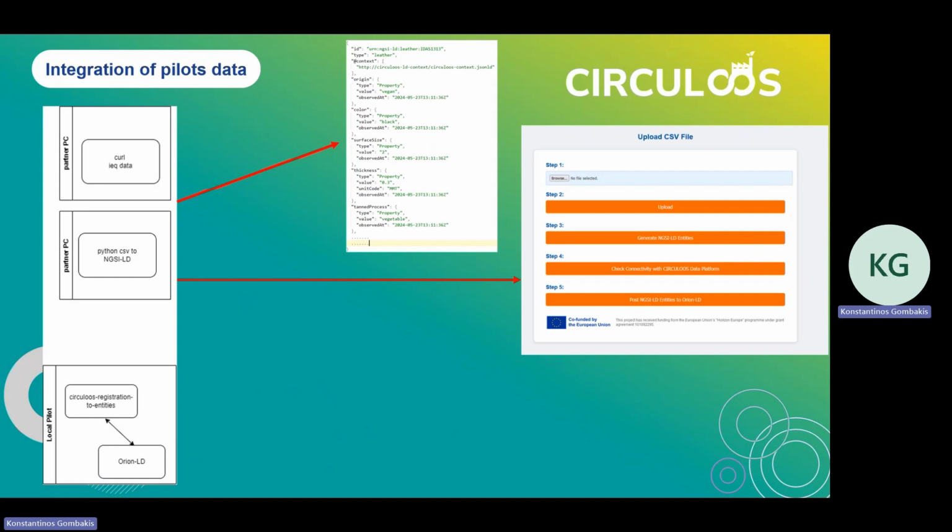The data model will specify what the attributes of the data that you send will be. As you can see here, we have an entity with specific attributes. Here we have an entity of type leather. This is the ID of that specific part or piece of leather.